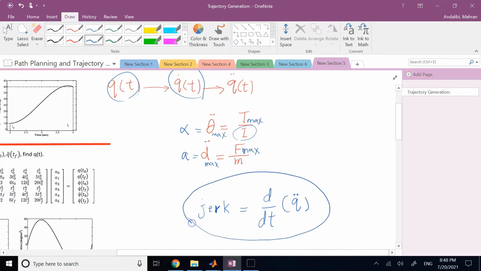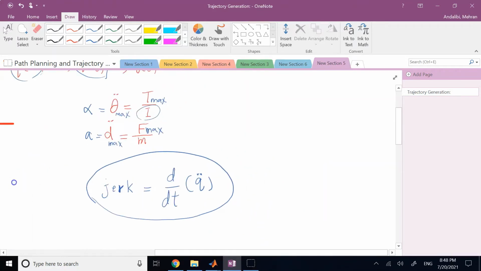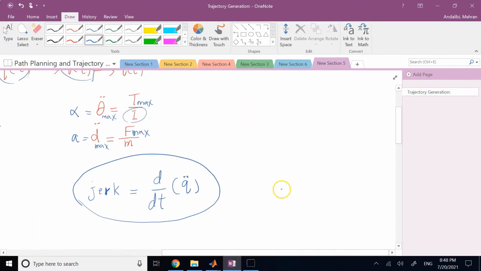And what does this show physically? As the name says, it's the jerk in the motion. So if you ride, for example, in a taxi, and the driver has sudden stops, slams on the brake, and then when he starts moving, he slams on the accelerator.